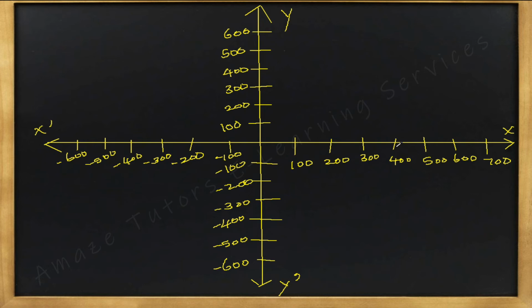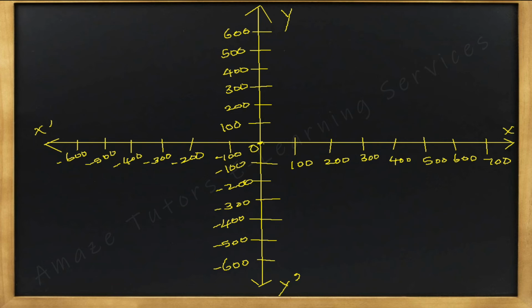As you know, the horizontal line is the x-axis, the vertical line is the y-axis, and this is the origin O, 0, 0. Right side all positive numbers, left side all negative numbers, above the origin all the positive values of y, and below the origin all the negative values of y.